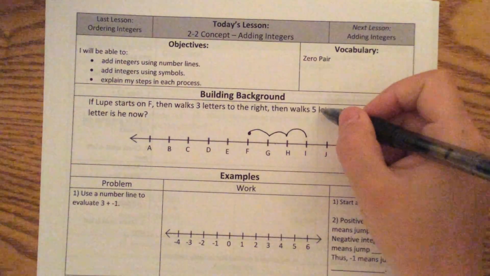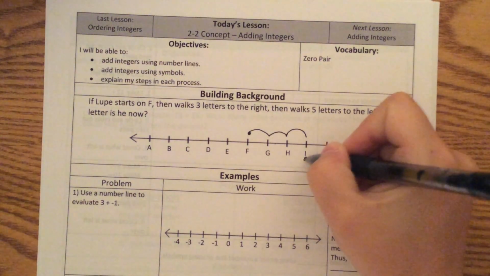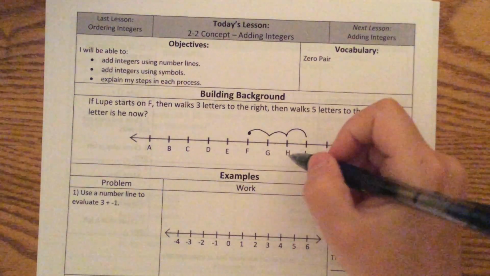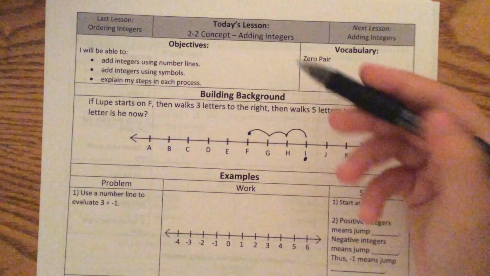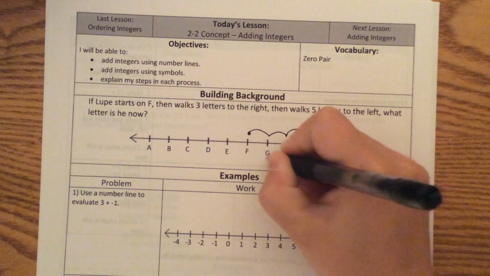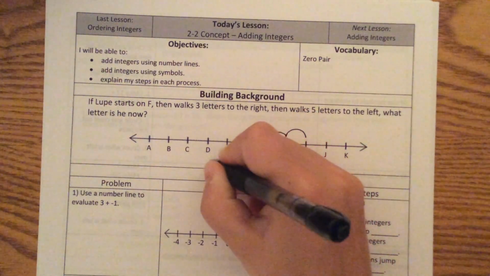But now he's going to walk 5 letters to the left, so I'm going to go below the number line. He's at I, and now I'm going to go to the left 5, which means to go that way. To the left. So 1, 2, 3, 4, 5.